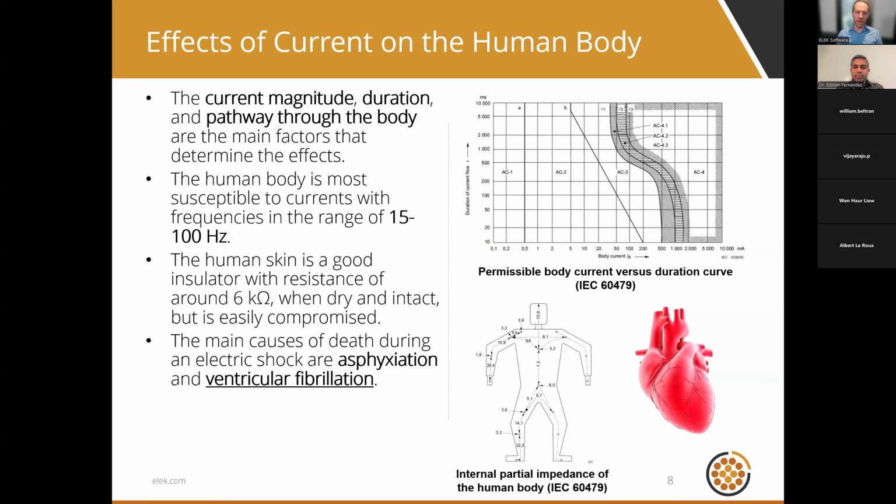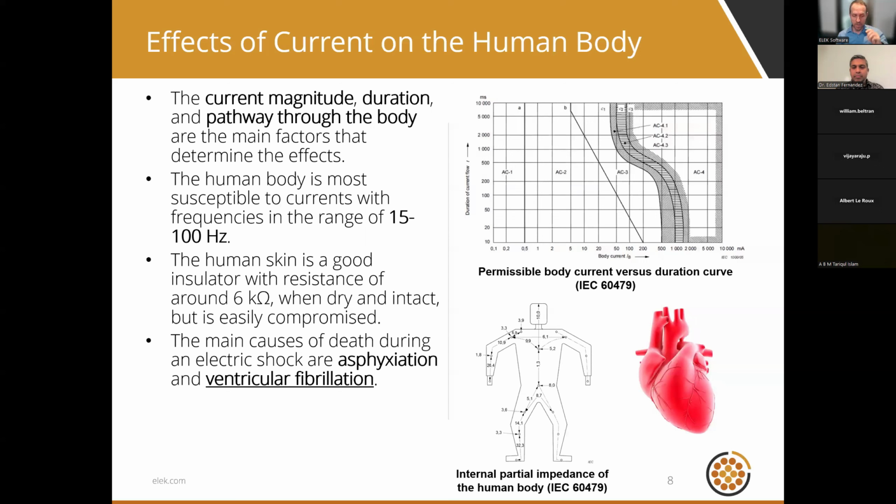It turns out that the human body is most susceptible to fairly low frequencies within the range of power system frequencies. The human skin is a good insulator with quite a high resistance. However, it only has those properties when dry and intact, and it's easily compromised.